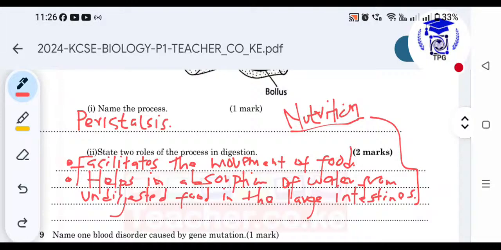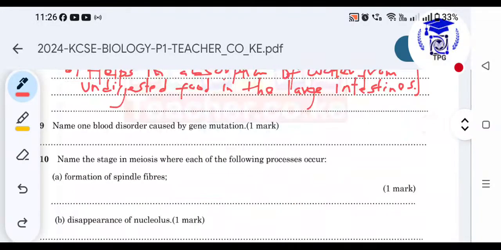Number 9. Name one blood disorder caused by gene mutation. One blood disorder caused by gene mutation is sickle cell anemia.